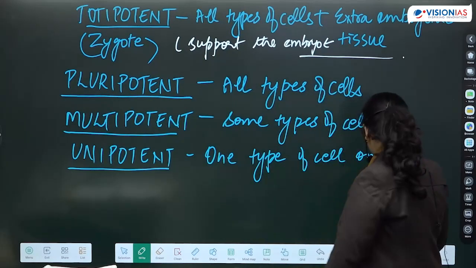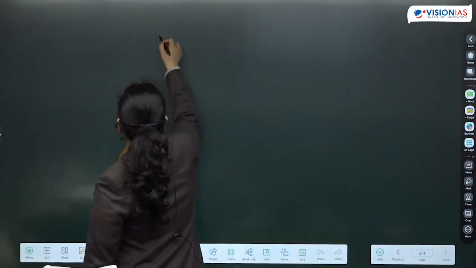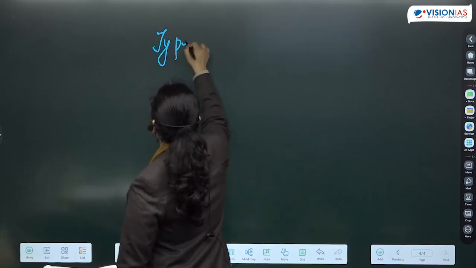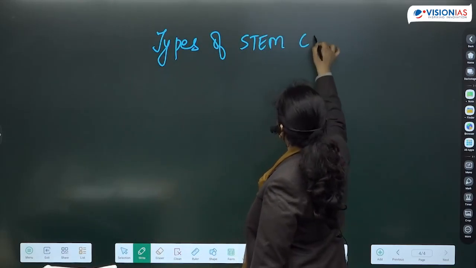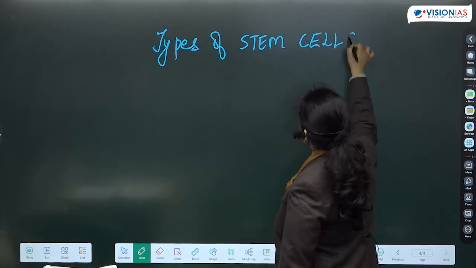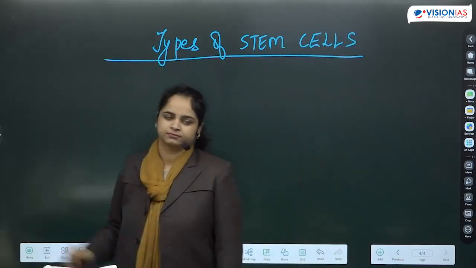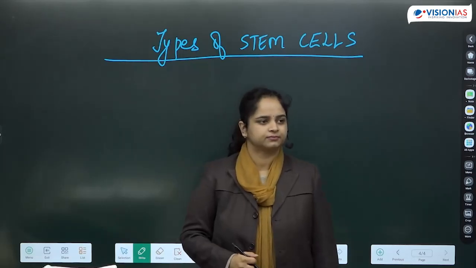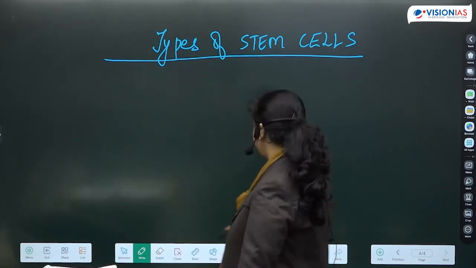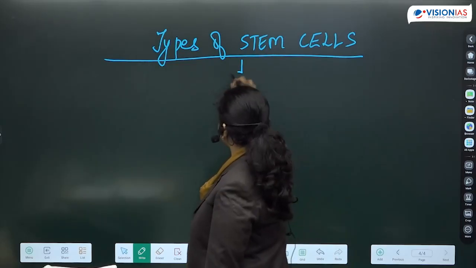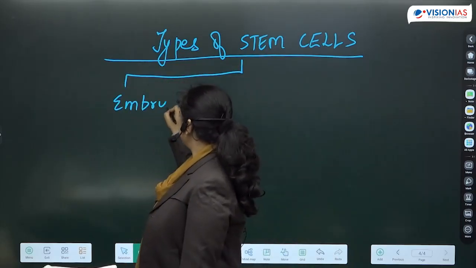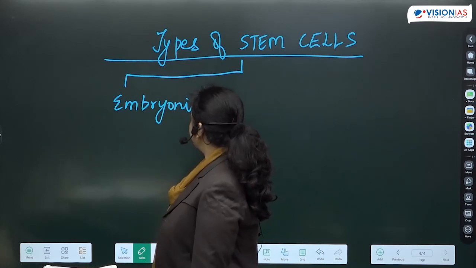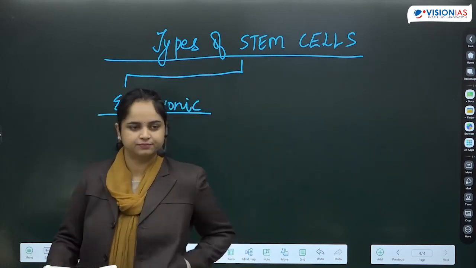Okay, now let's see what are the different types of cells. Types of stem cells. Basically, this means at what different stages we have stem cells available. The first stage is embryonic stem cells.